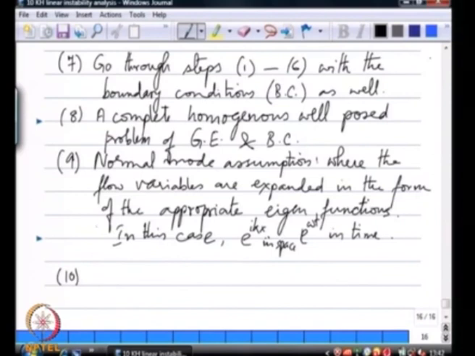So, the linearized governing equations are still partial differential equations, but in x, y and time.